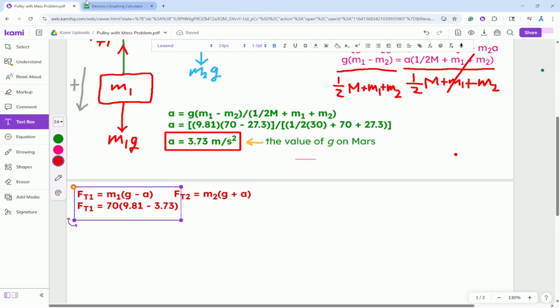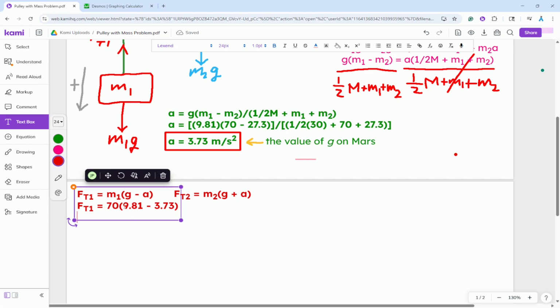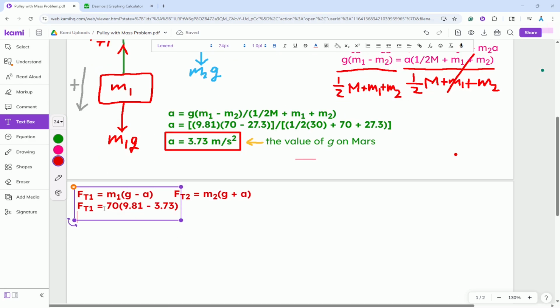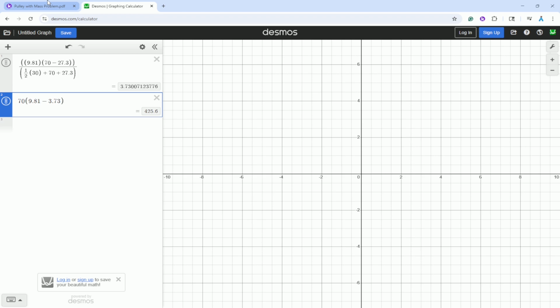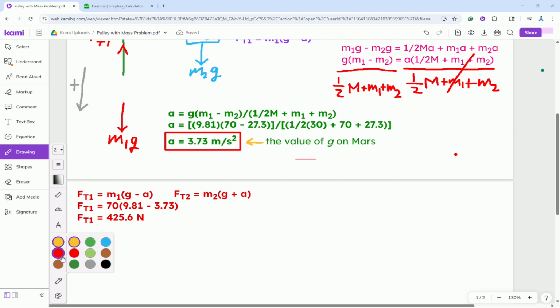And if you do that, 70 times 9.81 minus 3.73, FT1. 70 times 9.81 minus 3.73 is 425.6 newtons.